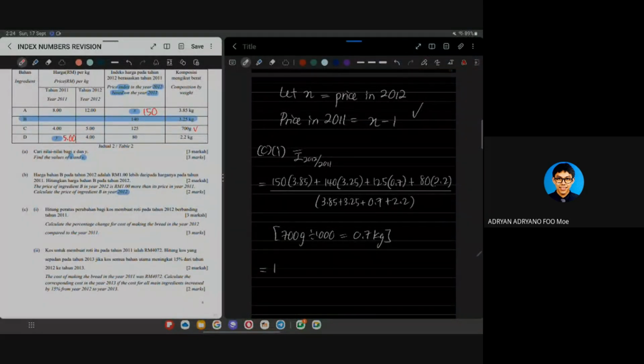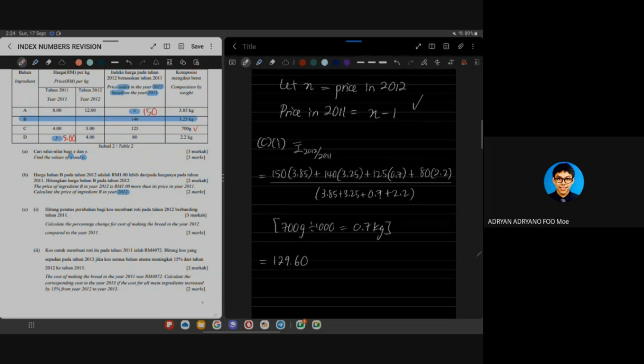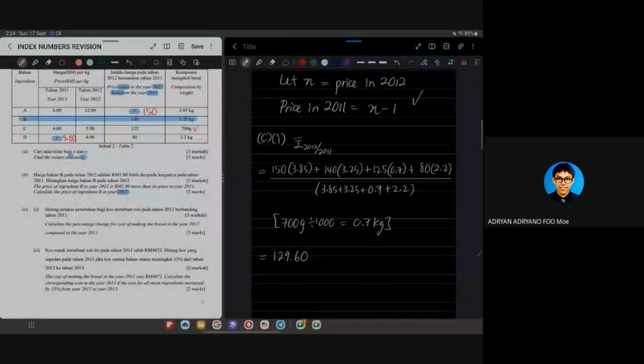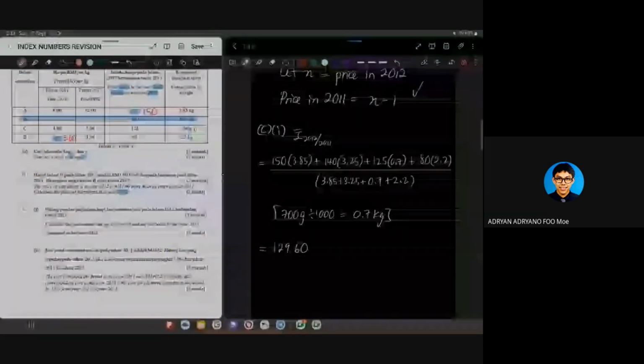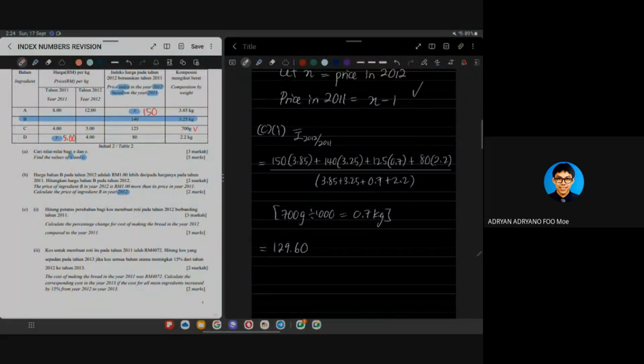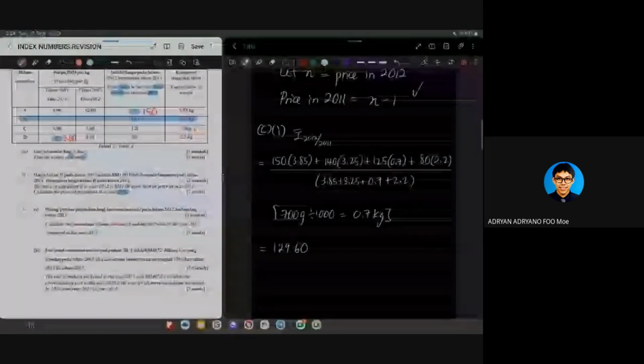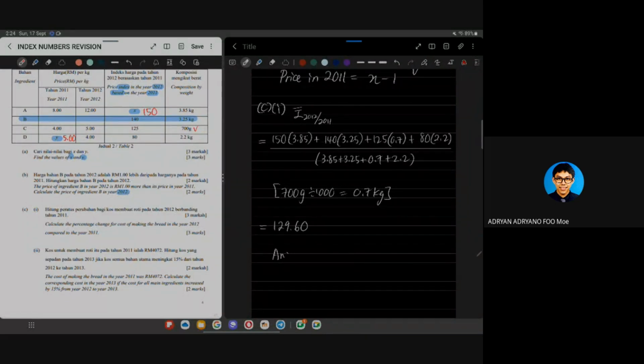$129.60. Yes, very good. Okay, 129.60. Remember, 2 decimal places. Alright, this is only the composite index. This is not what I want. I want the percentage of change. So meaning that I will write my final answer: increase 29.60%.